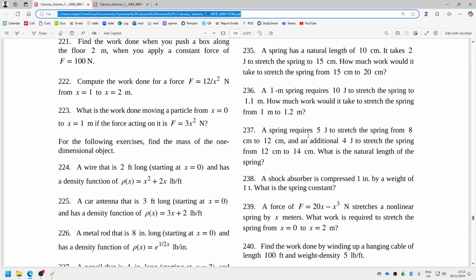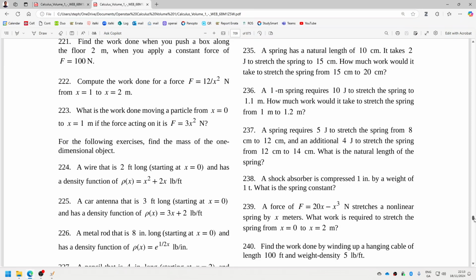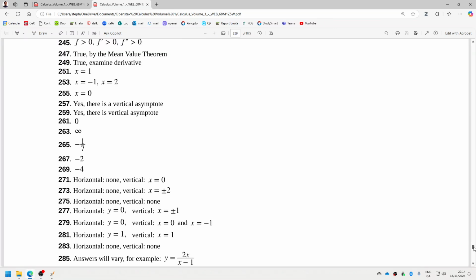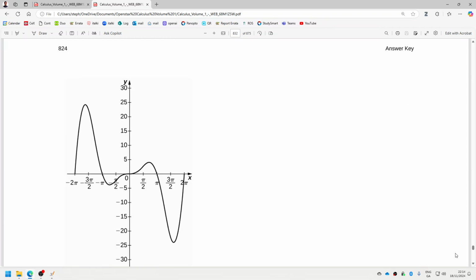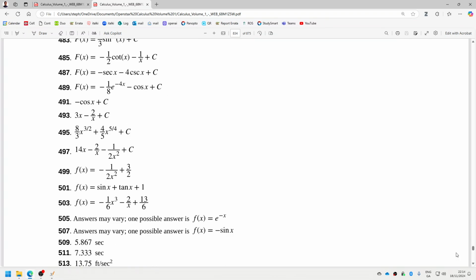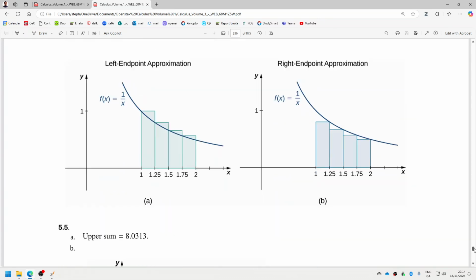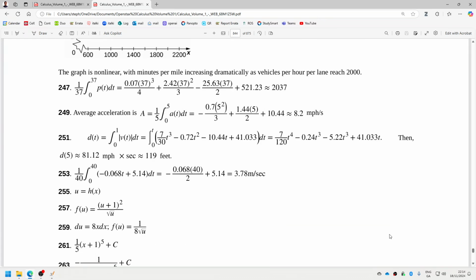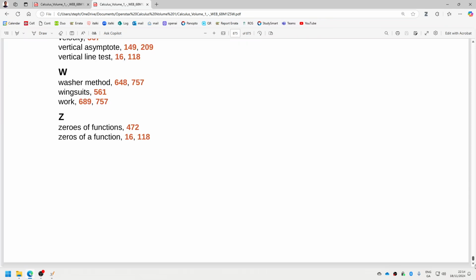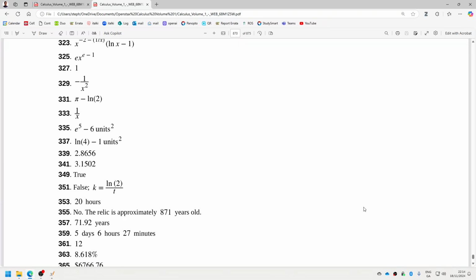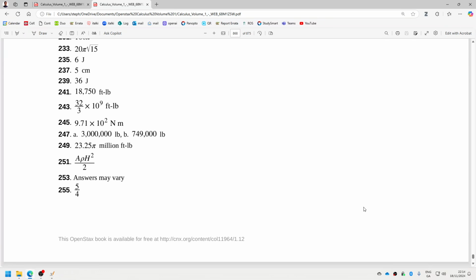So this is 237. No. Next one. This one? No, what? 237. 5 centimeters. 4 centimeters.